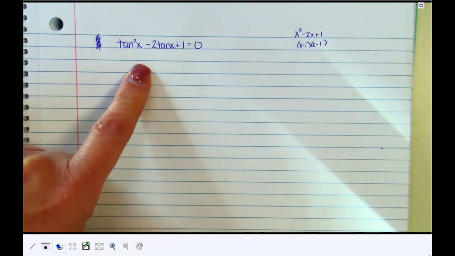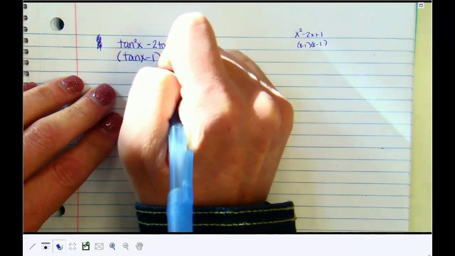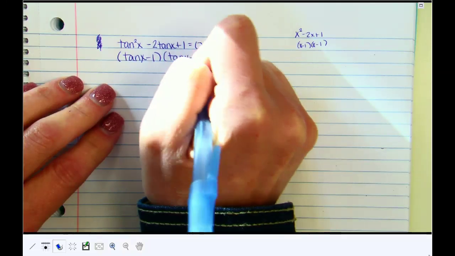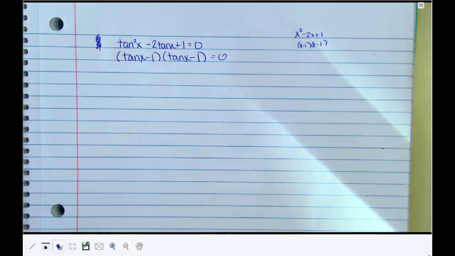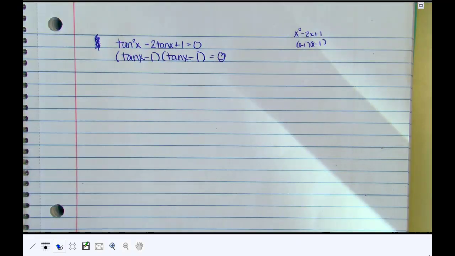So it'd be x minus 1 and x minus 1, right? So over here, this factors to tangent x minus 1 times tangent x minus 1. And then you're back to the same point we were at yesterday, where you have two things multiplied together to equal 0. That means they both have to equal 0.